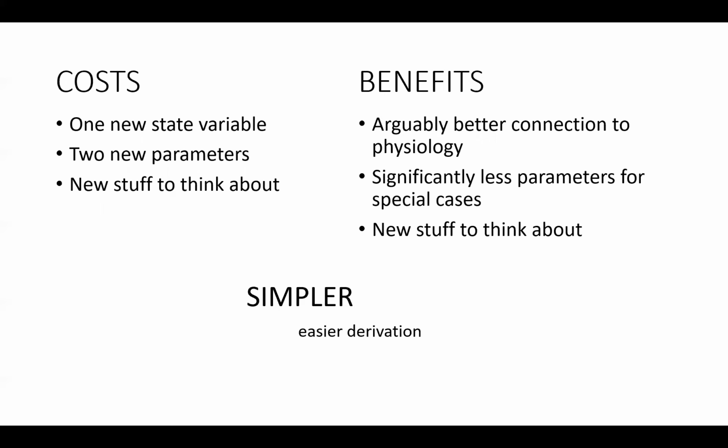So what you saw at the beginning was the whole derivation, right? And I don't know how many of us could derive the dynamics of the standard DEB off the top of our heads. Easier derivation means easier understanding, easier modification, wider adoption. So even though it has a few parameters more, and that's even debatable, I would call this model simpler.